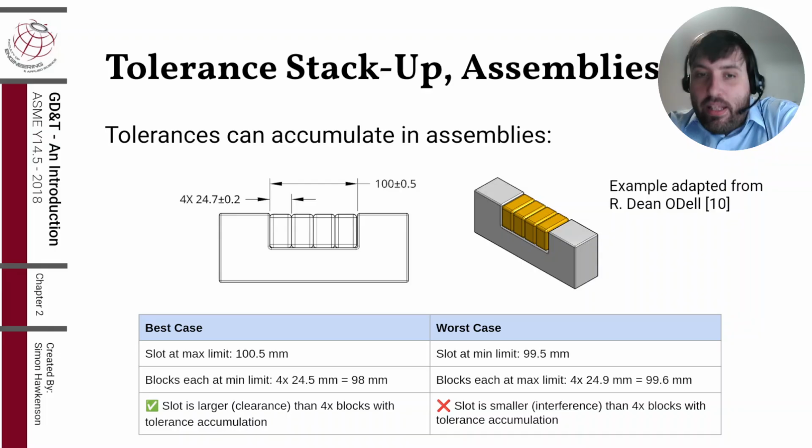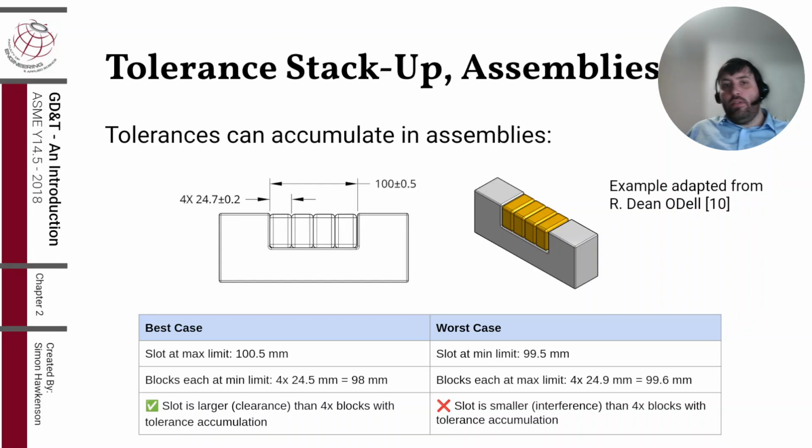We need there to be clearance between the 4 blocks and the slot, or else the blocks just won't slide in. Well, the best case scenario with our tolerances is where the slot is at its max limit dimension, so 100 plus 0.5, that's 100.5 millimeters, and the blocks are each at their minimum limit dimensions, where they would accumulate to 98 millimeters. In that situation, there remains 2.5 millimeters of clearance, which is perfect. They'll slide in no problem.